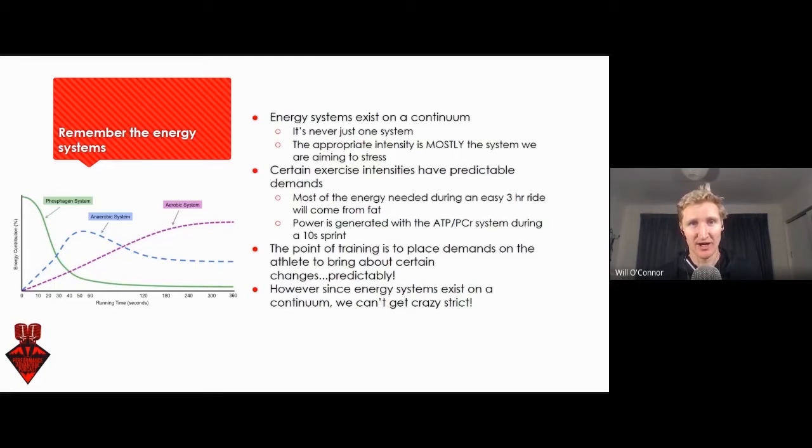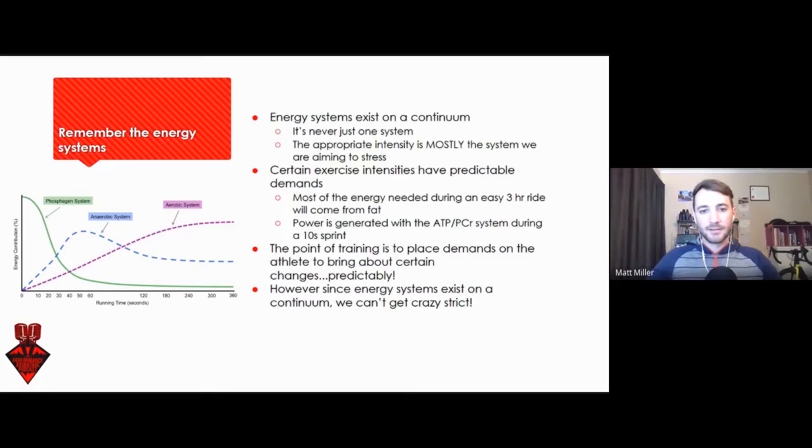So it's not hard science, like at 10 seconds the PCR system will completely stop. But there is a predominance of those energy systems, and we just need to understand that so that when we apply zones over top of that, we all know what those zones are trying to achieve and what they represent metabolically.